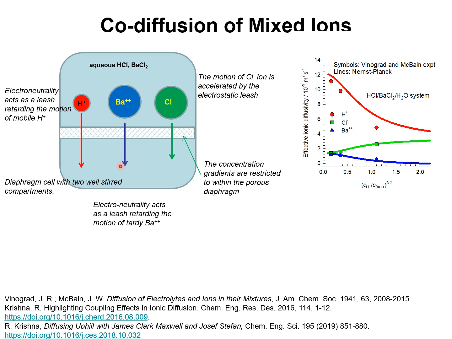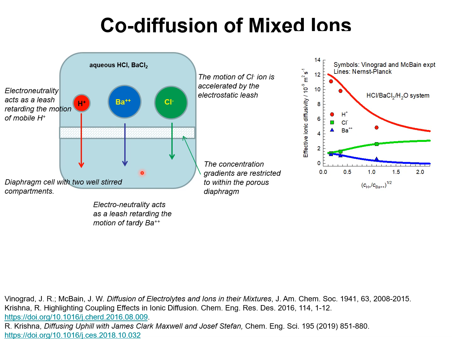There is an excess of positive charge here that has the effect of accelerating the motion of the chloride ion in order to maintain electroneutrality in the bottom compartment. A further consequence of the charge imbalance that is engendered by the fast diffusing H+ ion is that the tardier barium 2+ ion is further reduced in its mobility because of the excess of positive charge in the bottom cell.